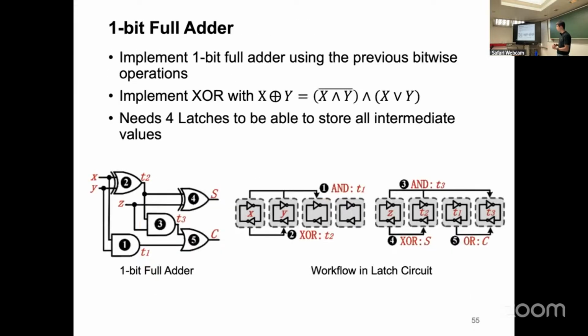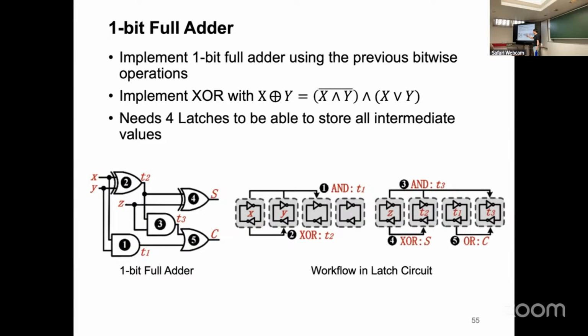So with these operations, we can implement a 1-bit full adder, where we first load X into the first latch, Y into the second one, and then we AND them together.